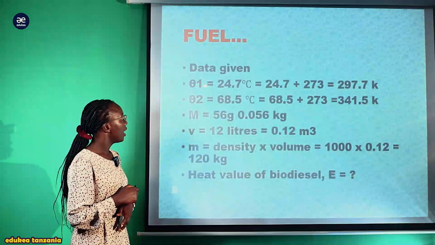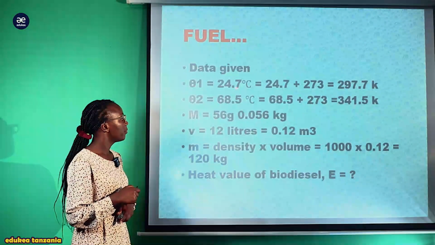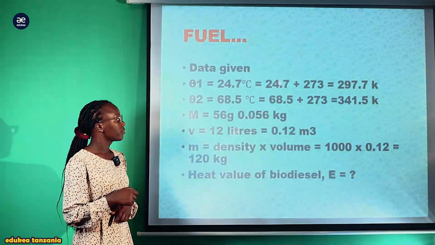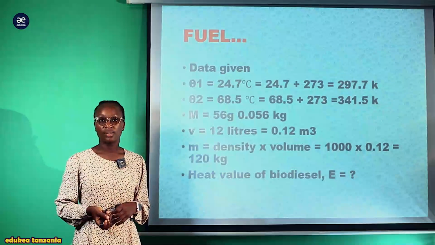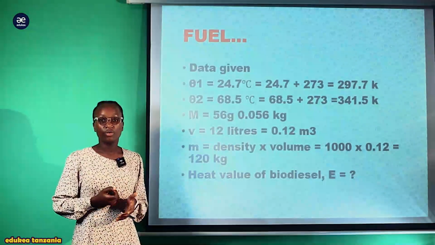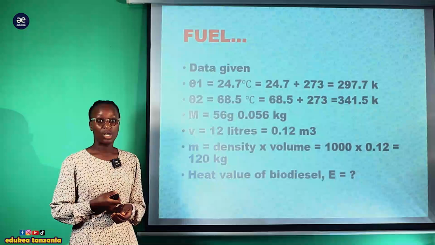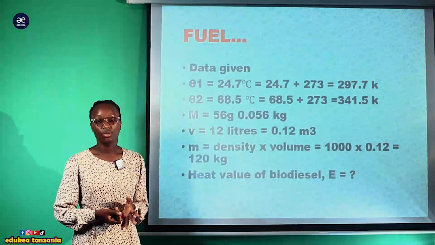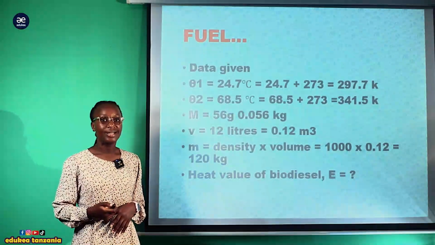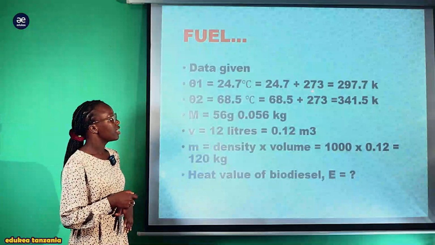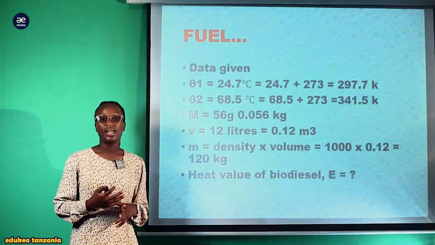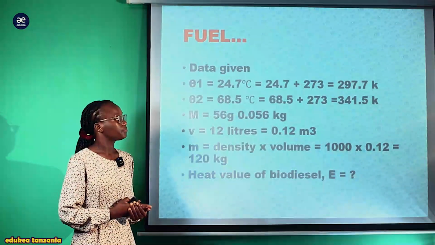Tumepewa theta 1 au temperature 1 is 24.7 degrees Celsius, ambapo hapa tunaiconvert kwenda kwenye Kelvin, and in order to convert it, it is very simple. Tunachukua ile degree Celsius tuliopewa tunaiplus na 273, ambayo jibu tutakalolipata linakuwa katika Kelvin unit.